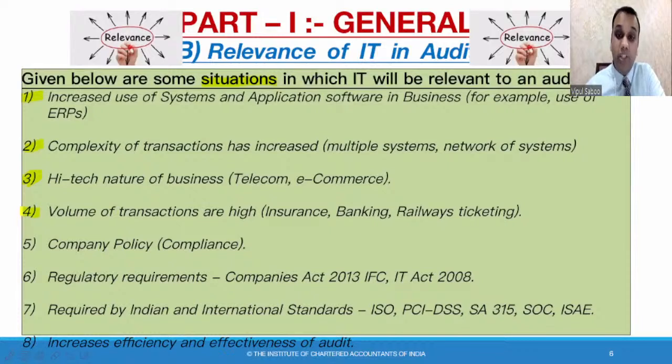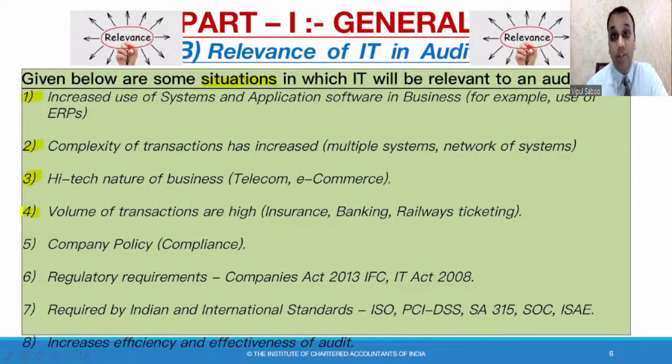You talk about insurance, banking, railways, ticketing, right? So the volume of transactions you understand. For example, take the case if you want to go for a railway booking. You can use the IRCTC website or any other software application, or you can go for window booking. Sometimes at the window you get a confirmed ticket, but online it is showing to be in waiting. From a particular station it is in waiting, and from another station it is available.